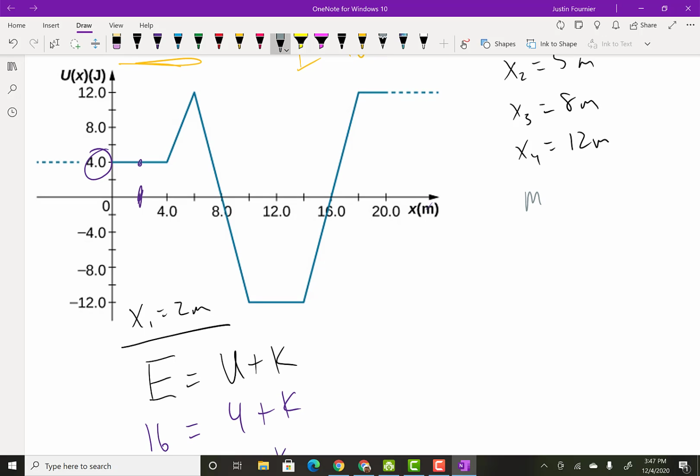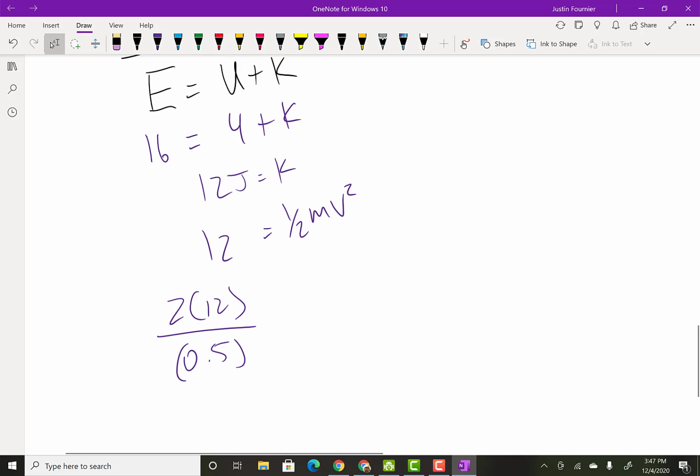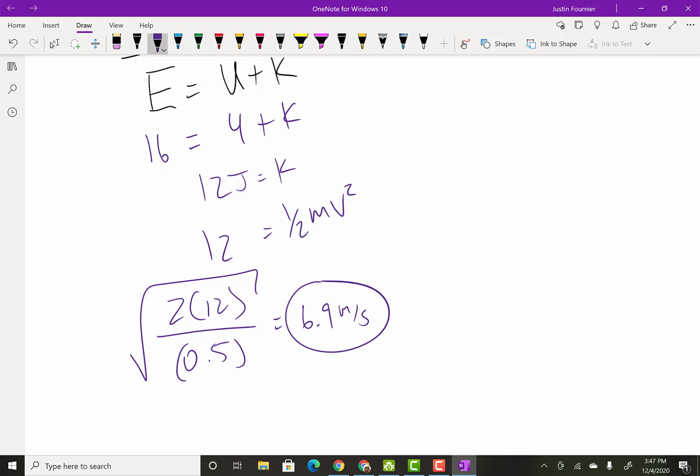Then I take the square root of all this: 24 divided by 0.5. Take the square root and I get 6.9 meters per second. That's how fast that's going there.